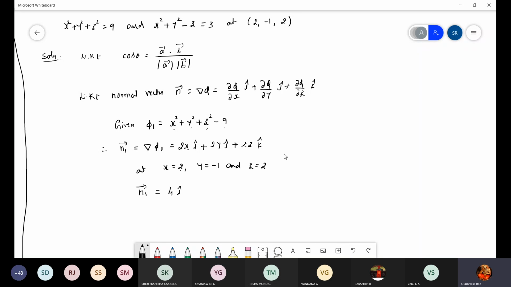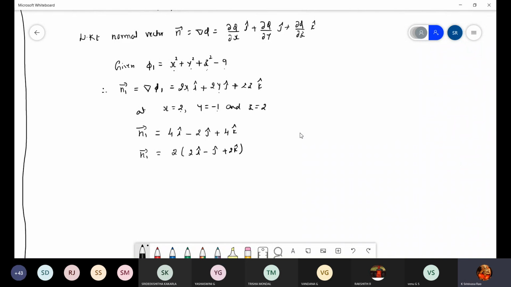Since y is -1, you get minus 2j, plus 4k cap. Better take 2 common to calculate the magnitude, because you will get simple numbers. Taking 2 common, you get 2i minus j plus 2k. So this is n1. Now calculate its magnitude.